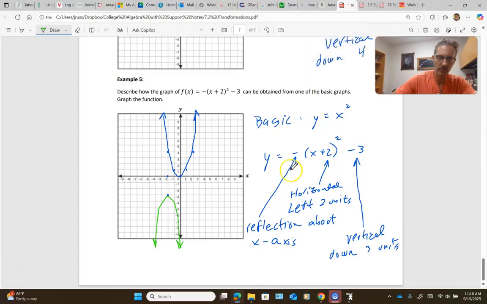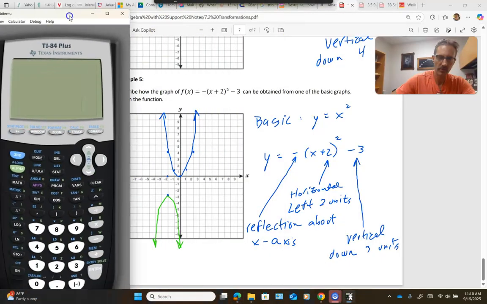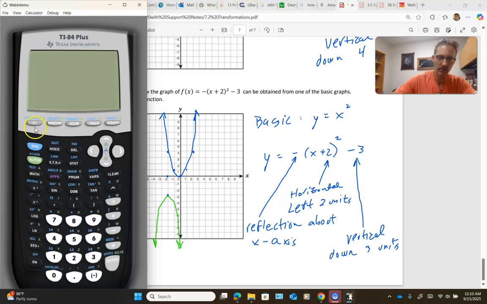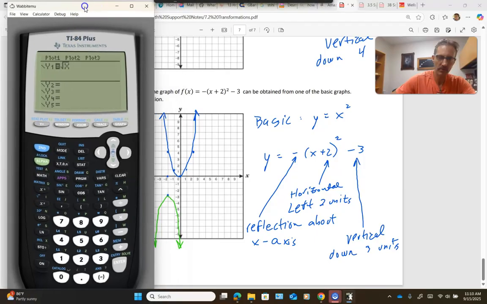Okay. Let's check this one in the calculator. We haven't really used the calculator much. Okay, so we'll type in here x squared. That'll be our basic function. And then I'll type in our transformed function.